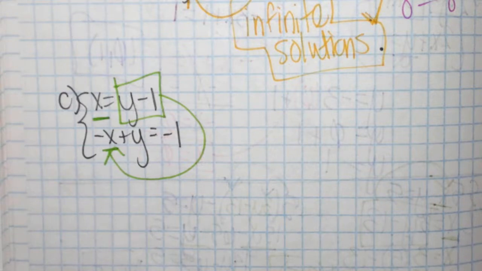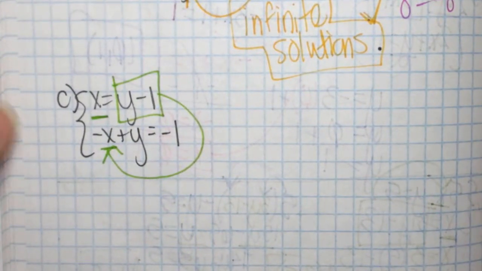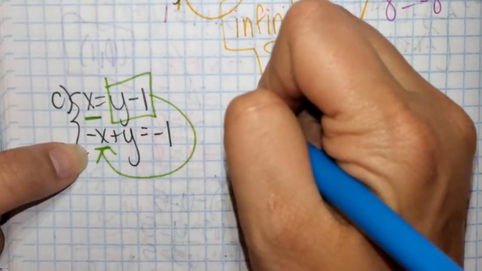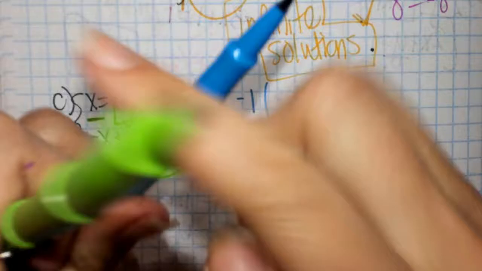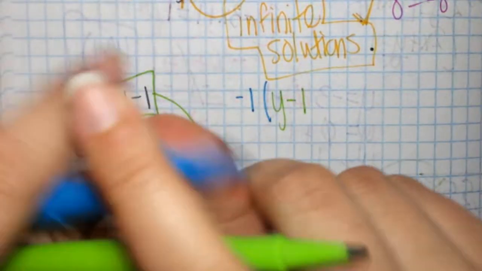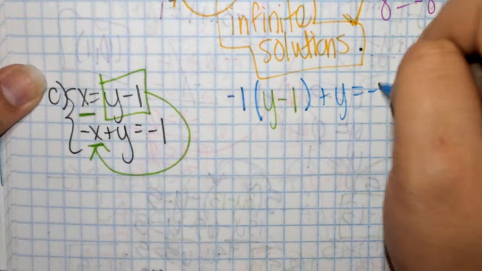So we do negative parentheses. This is the same thing as a negative 1, right? So we would write negative 1 parentheses y minus 1. Why did I write y minus 1? Because that's what x equals. Plus y equals negative 1.